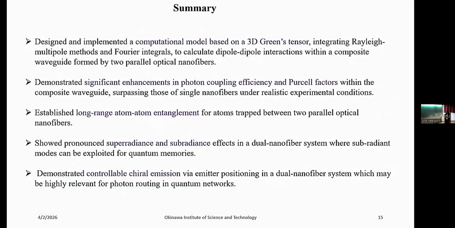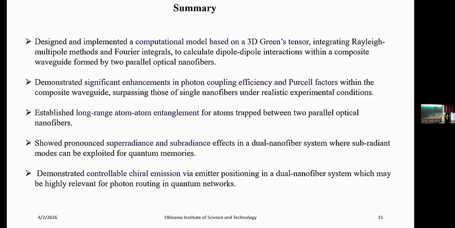So here is the summary of my talk. I designed and implemented a full computational model based on the 3D Green's tensor, which integrates Rayleigh multipole methods and Fourier integral, to calculate dipole-dipole interaction within a two-nanofiber system, and used that to show significant enhancements in photon coupling efficiency and Purcell factors, and to establish long-range atom-atom entanglement.